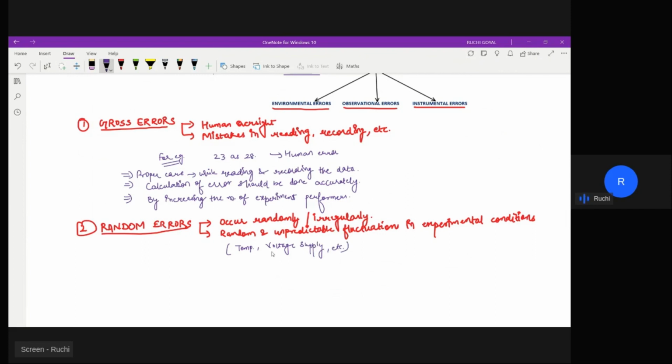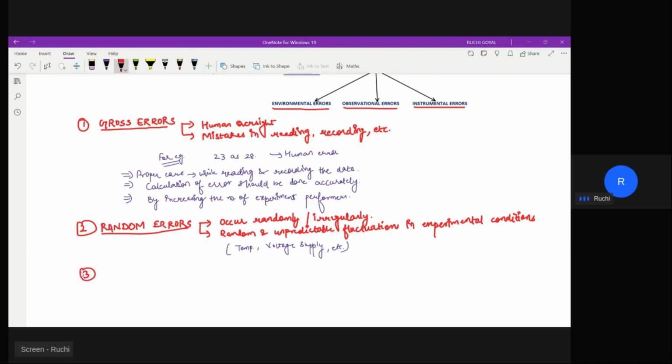Suppose, for example, when a person repeats the same observation and gets different readings every time, what does it mean? That there are some random errors occurring in the experiment. We are not able to handle those errors easily because random errors can come at any time. So these are the random errors.